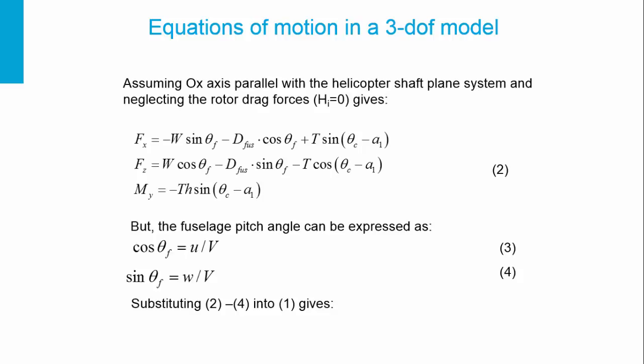Now, these are the forces. If we do not forget that the fuselage pitch can be expressed as a function of the velocities, substituting 2 to 4 into the initial equations of motion will result in the helicopter equations of motion in a 3 degrees of freedom longitudinal model.